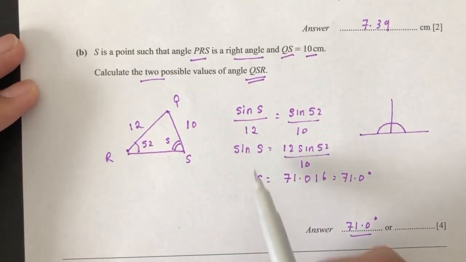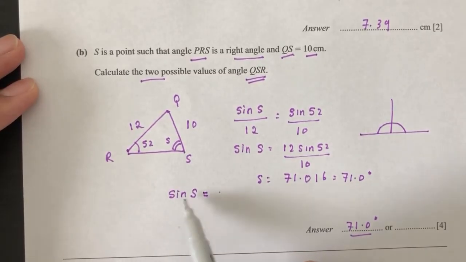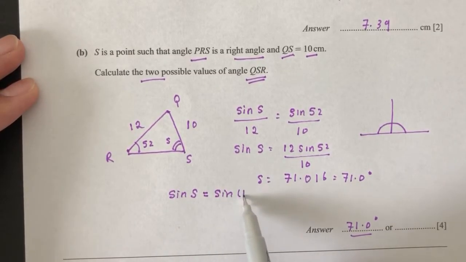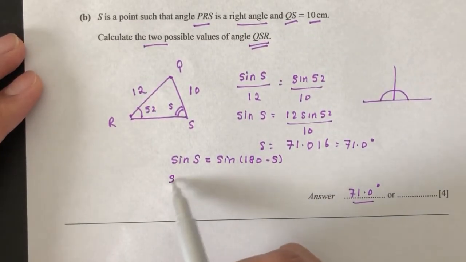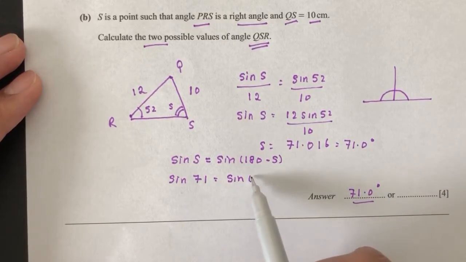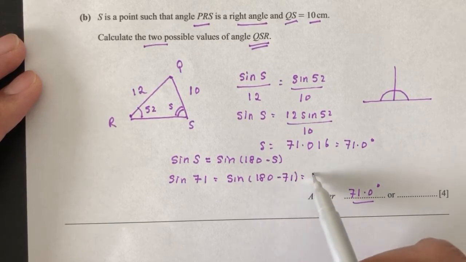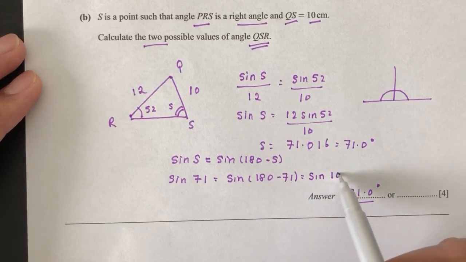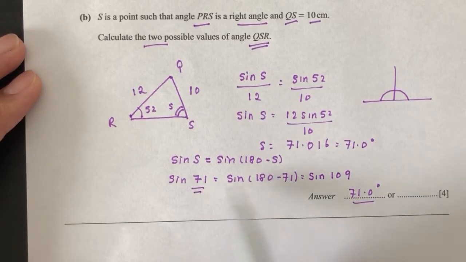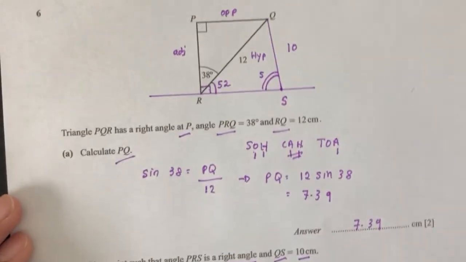So sine of S is equal to sine of 180 minus S. It means that sine of 71 is equal to sine of, what is 180 minus 71? That will be sine of 109. So this is the same as this. So angle here will be 109. So this is question number 6.